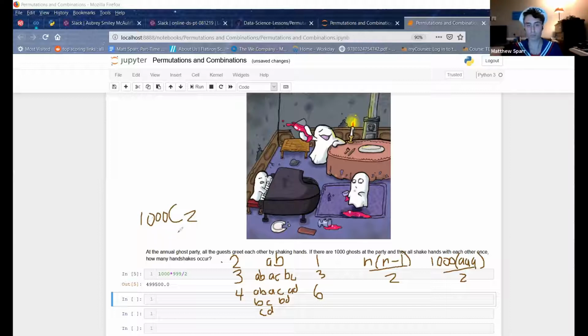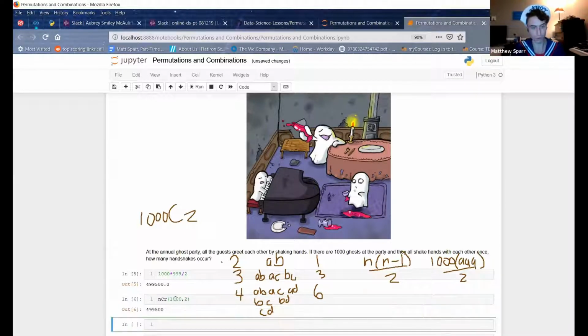Because we have 1,000 ghosts and we need to pick all the different pairs of 2. And so what if we run n choose, or 1,000 choose 2 with our function above? We get the same answer. So those are actually the same.